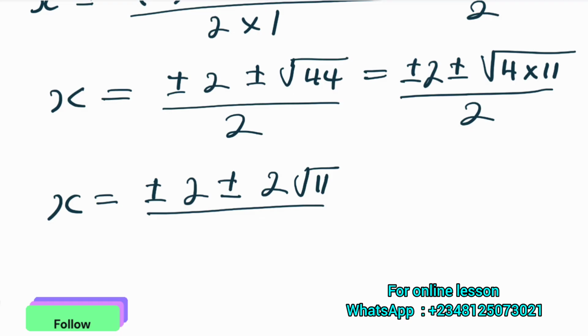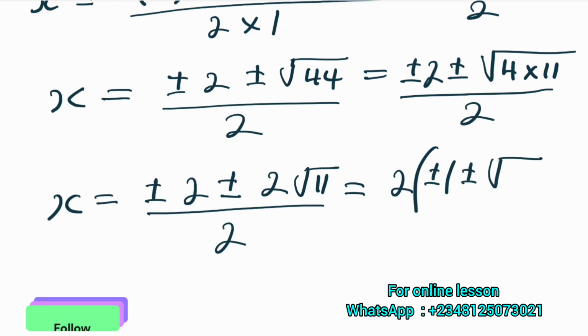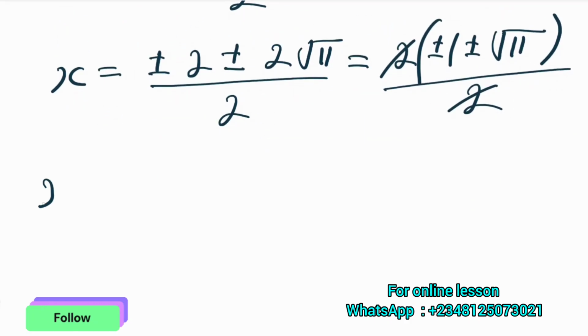Now, all over 2. So 2 is common here. Let us factor it outside. We have plus or minus 2 outside, the rest becomes plus or minus 1 plus or minus the root of 11, all over 2. Here, 2 can cancel out. So our final answer becomes x equal to plus or minus 1 plus or minus the square root of 11.